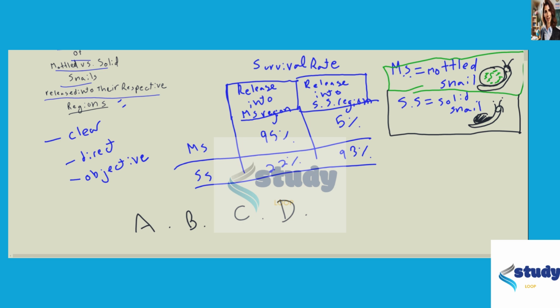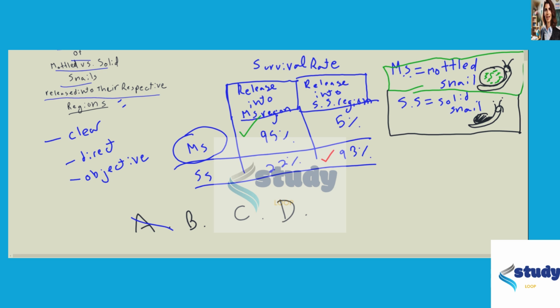So, A is wrong because basically it's talking about coloration as an adaptation in the form of camouflage to protect the snail from predators. However, based on this data, we're seeing that the MS is actually having a better success rate than the solid snail, even in its own region.